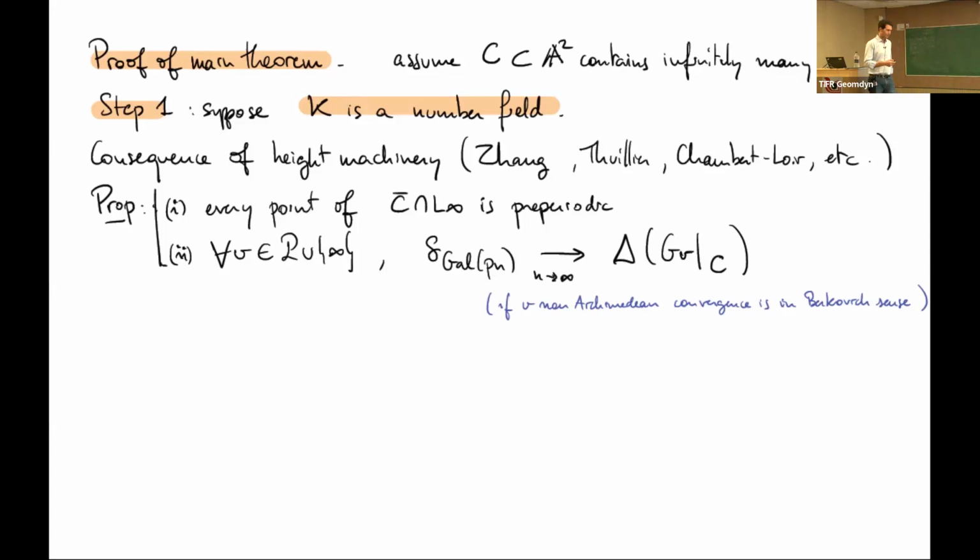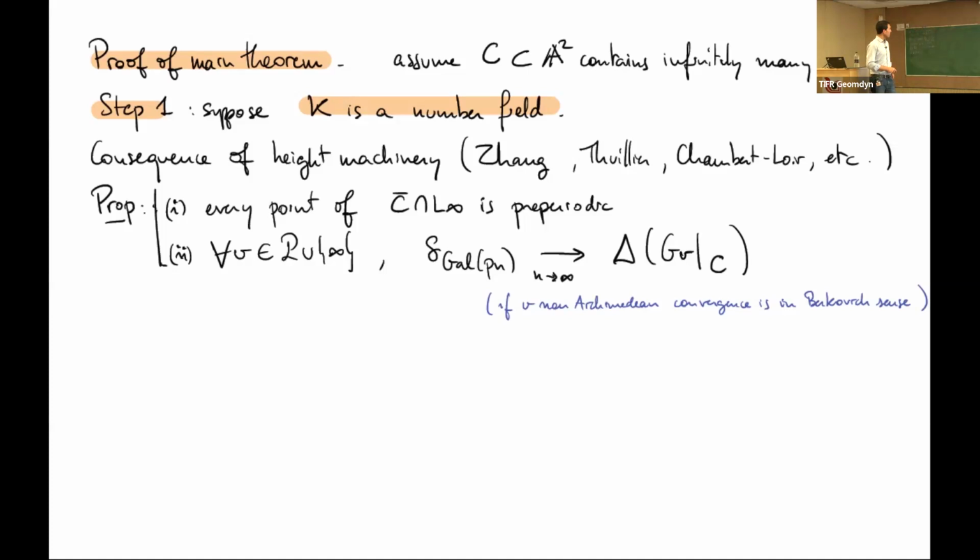And so for this, you need some input of Berkovich theory. If the place V is not the infinite place, then this makes sense in the Berkovich space. But again, you can use this as a black box. There is no Berkovich theory in the paper. Well, there is, but it is used in background only. You don't have to prove new Berkovich theorems.